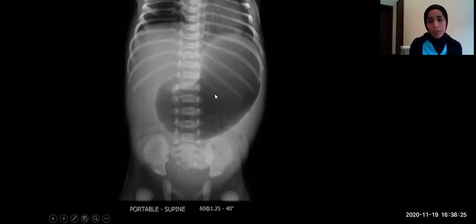This is probably representing a distended stomach with gastric outlet obstruction. In the pediatric age group, early months of age, with this scenario of projectile vomiting, we should suspect pyloric stenosis. The second step is ultrasound, which will give you a very good impression of the pyloric stenosis.